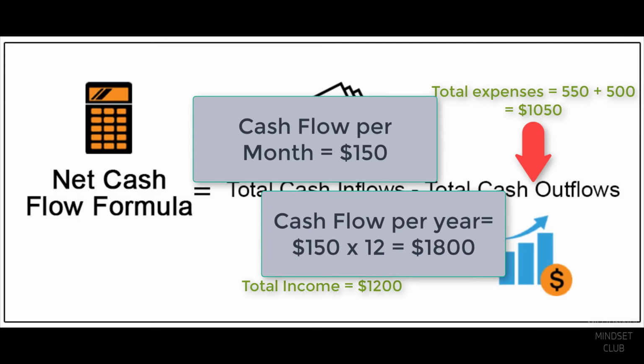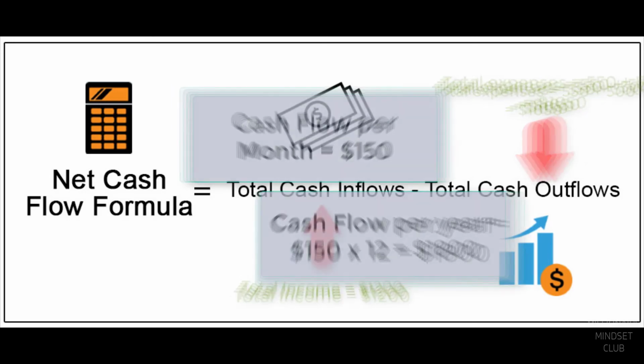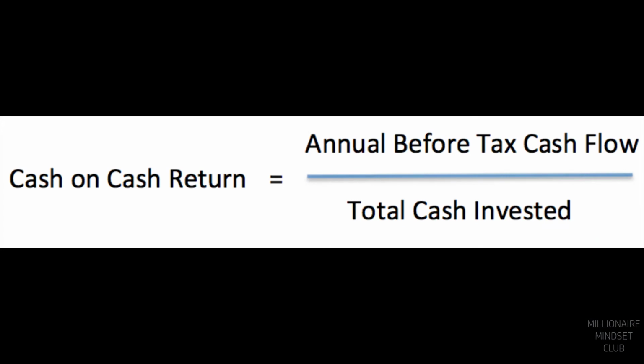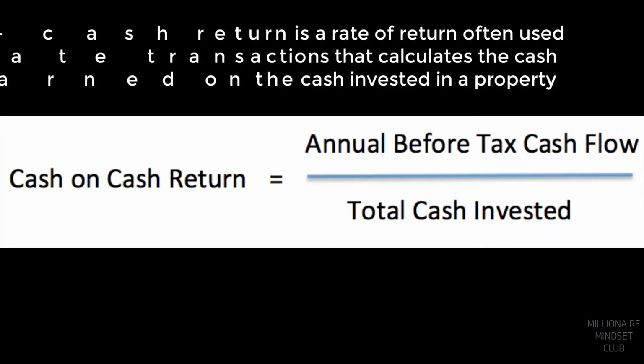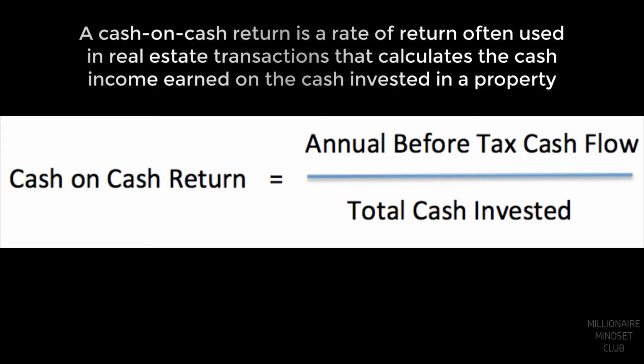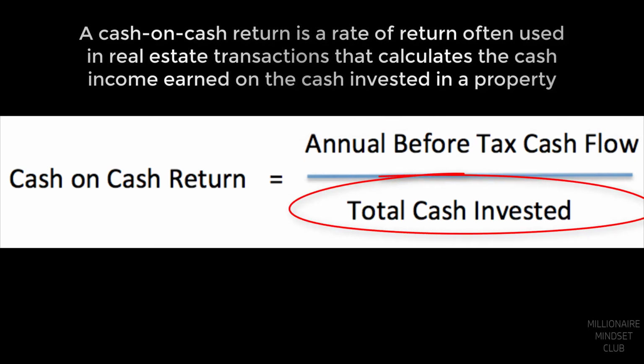Is $150 a month of cash flow good enough for all this work? Well, that is for you to decide. One way to look at this return on investment is by doing a cash-on-cash ROI calculation. Cash-on-cash ROI is a simple metric that tells us the yield our money is making based on the cash flow. Cash-on-cash ROI equals total annual cash flow, and you divide that by the total investment.